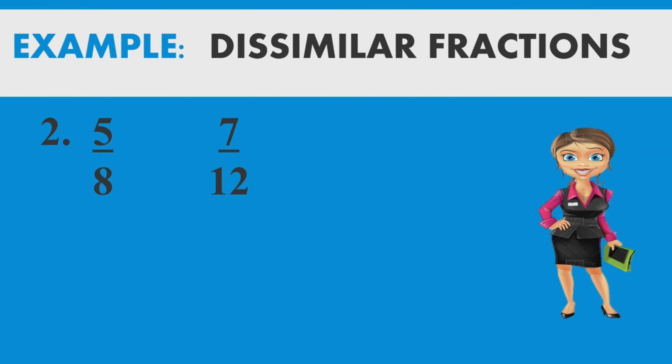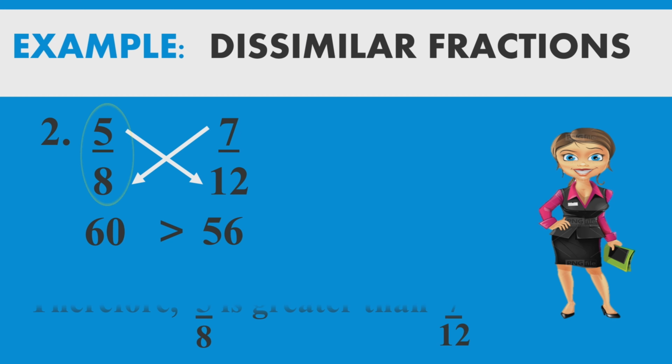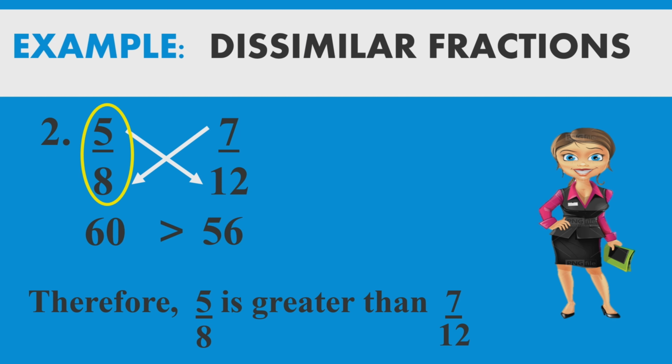For number 2, we have 5/8 and 7/12. 5 times 12 is 60, and 7 times 8 is 56. 60 is greater than 56. Therefore, 5/8 is greater than 7/12.